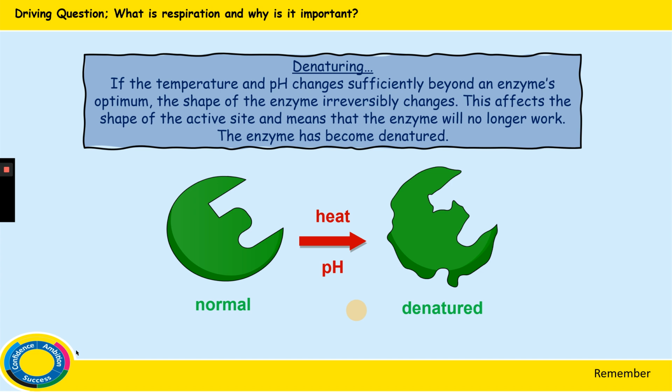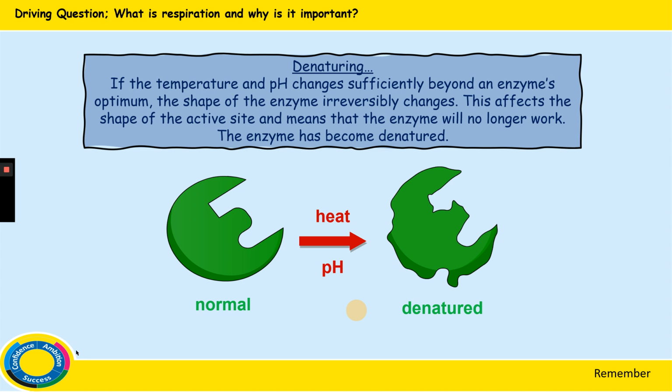It can't go back. It affects the shape. That means that it will no longer work correctly. So it cannot use substrates, lock and key won't work, so it is no longer any good as an enzyme. That means that we cannot have proper digestion.